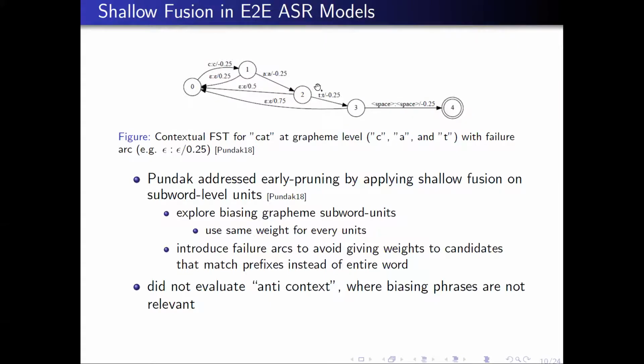And the authors also used the failure arcs to avoid giving weights to candidates that match prefixes instead of entire biasing phrases. The authors, however, did not evaluate the entire context to ensure that biasing does not affect recognition quality if all biasing phrases are not relevant.